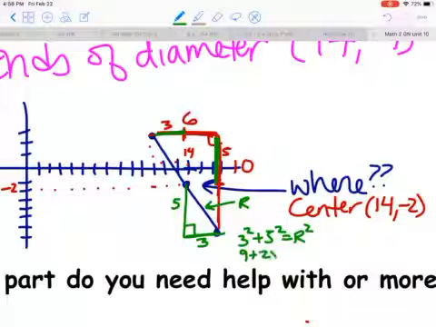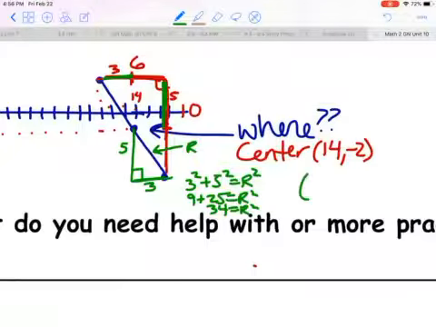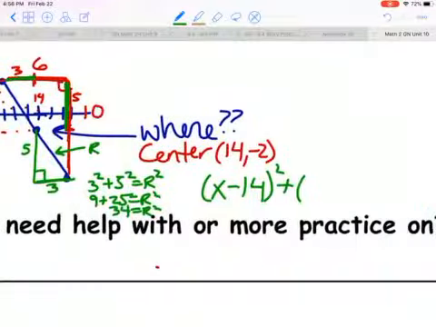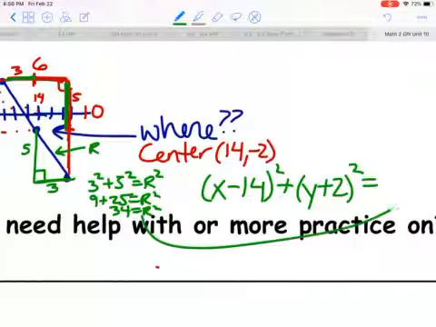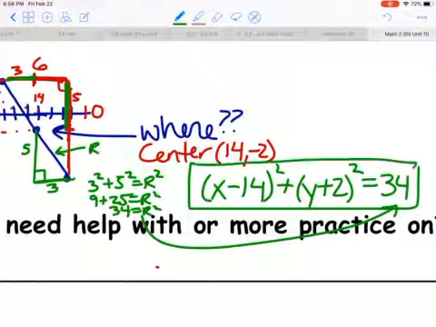So you get 9 plus 25 equals r squared, which is 34. So our equation is x minus 14 squared plus y plus 2 squared equals, and then r squared goes right there. So it just takes a little more thought process for those last problems. So make sure you get some of those in. Get lots of practice with those because they're tricky.